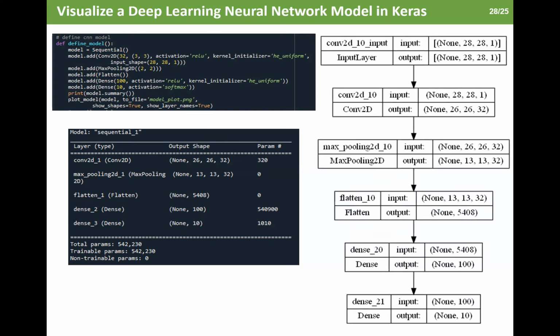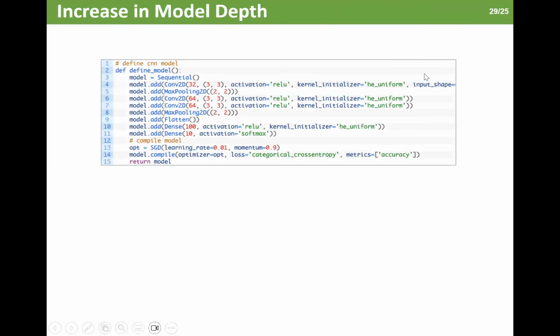Okay, so another way is we can make a plot like this using this plot model here. Okay, so these are very easy ways to visualize your network. Okay, so we have a base model, but maybe we can do better.